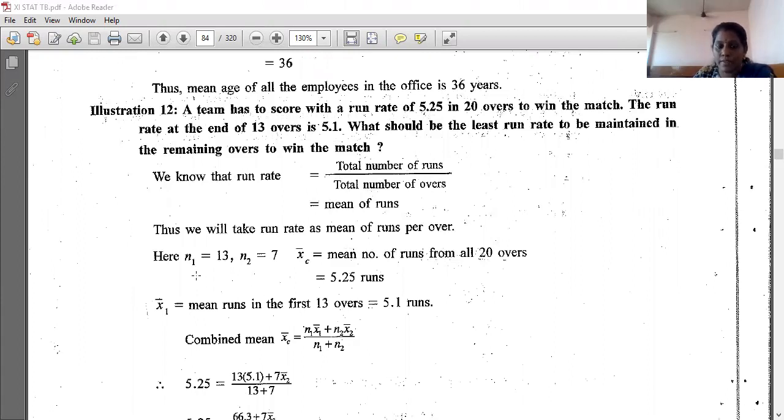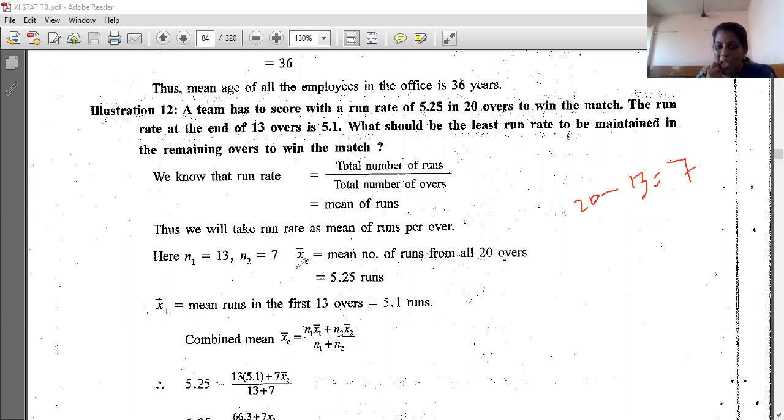Okay, so N1 is 13 and N2 is 7. How did you get 7? Total 20 overs are there. So for finding N2 you have to do the calculation. Out of 20, 13 overs were given to N1, so the remaining is 7. So 7 overs is for N2.